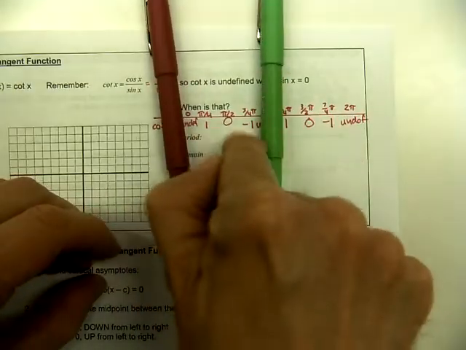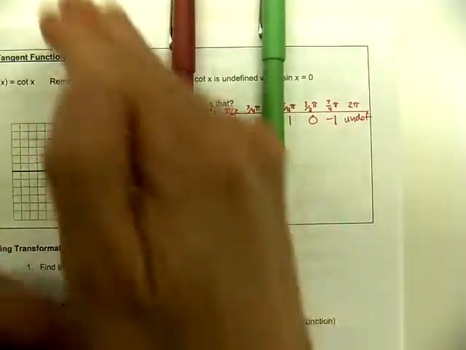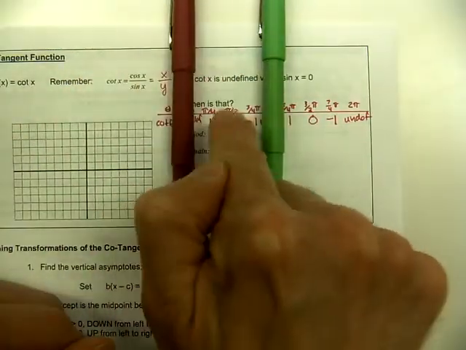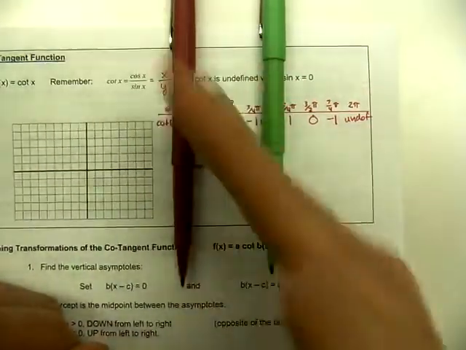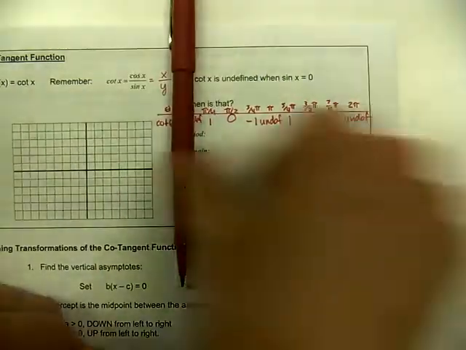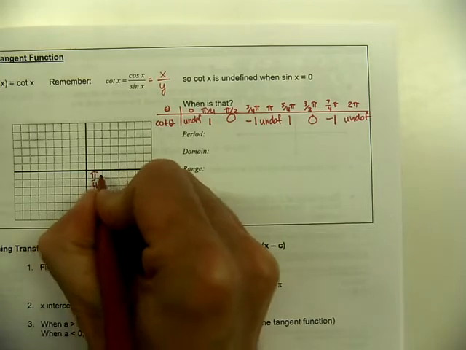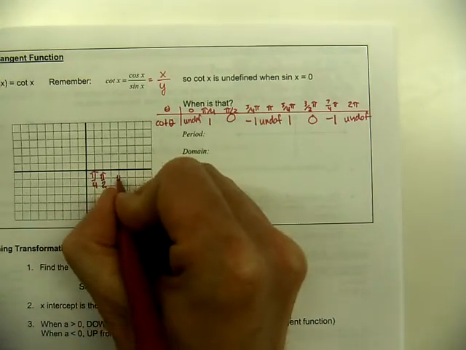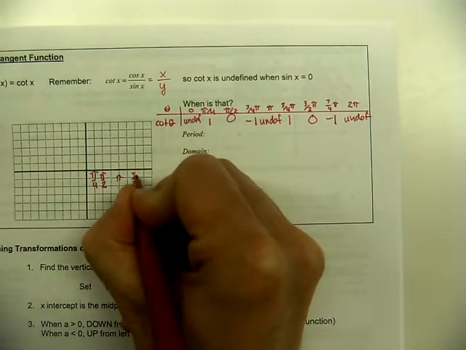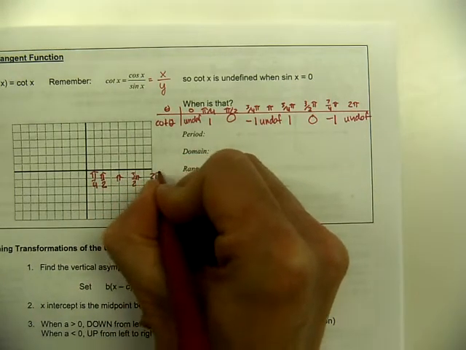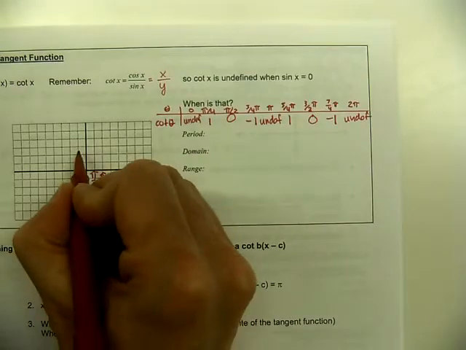You'll have 3 critical points in the middle, and notice we're descending here. We have a positive 1, then a 0, then a negative 1, so the line will be going down this way. So let's set up our scale here using pi over 4, and my vertical scale.